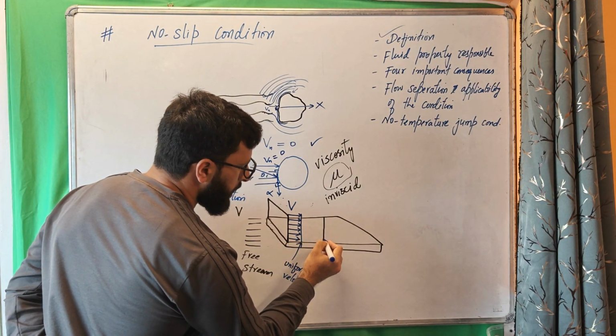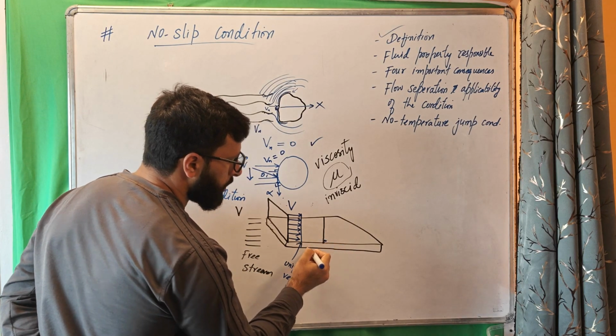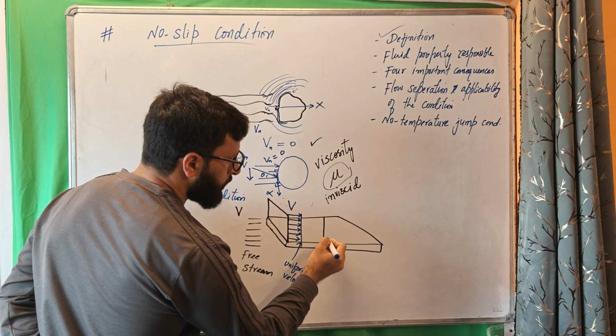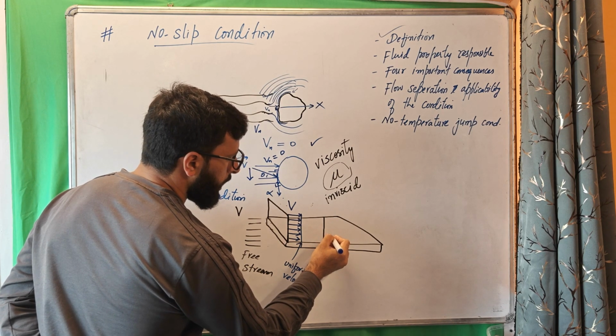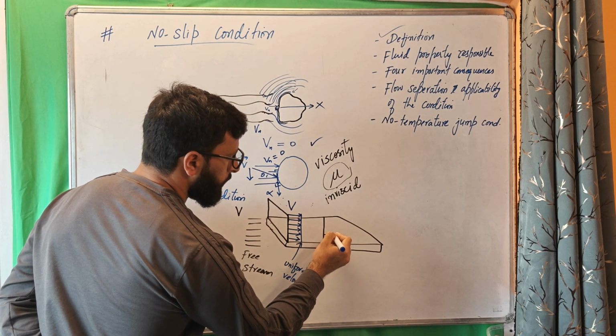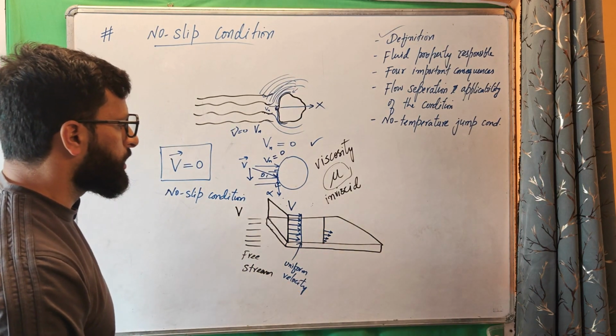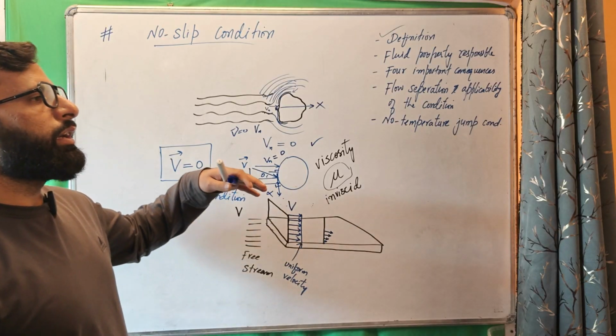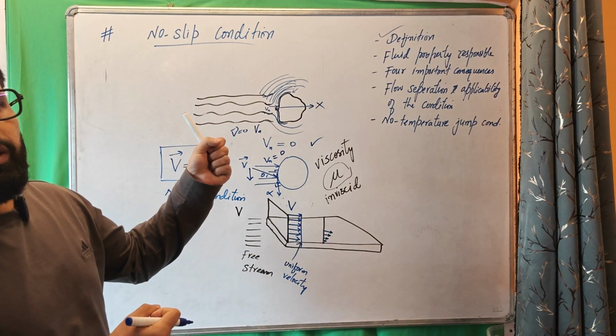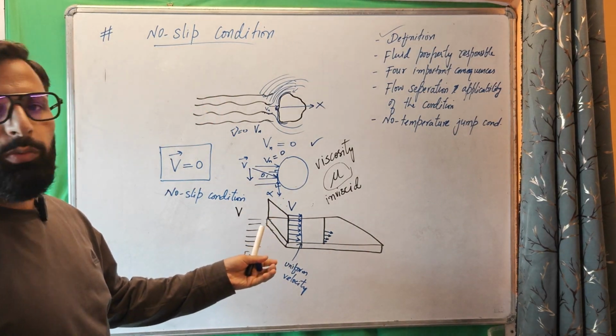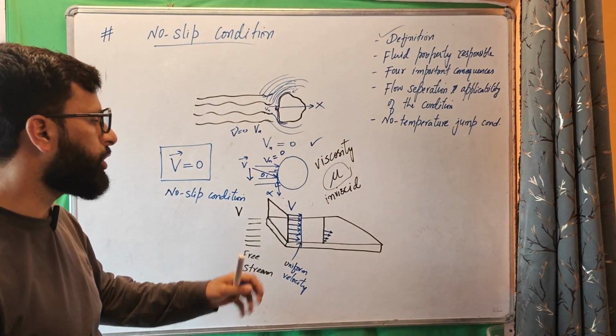Now the layer just above this layer will have small velocity. The layer above that will have more velocity. The layer above that will have larger velocity than this, because one fluid layer attracts another fluid layer with the force of cohesion, the intermolecular force of cohesion that we know.